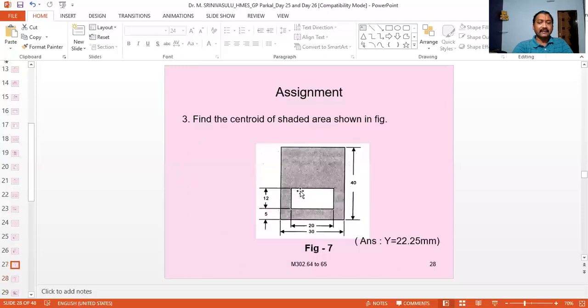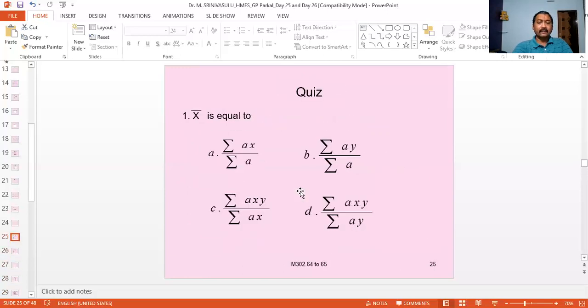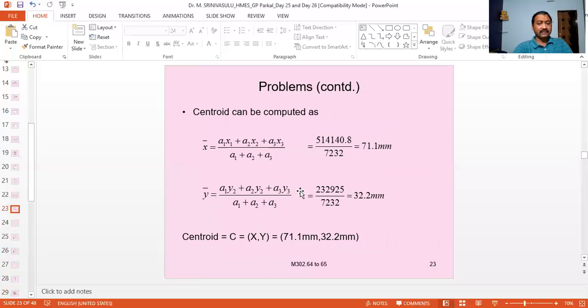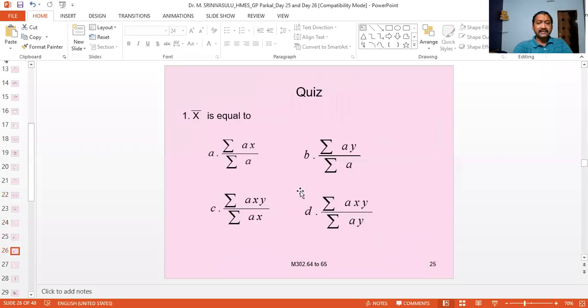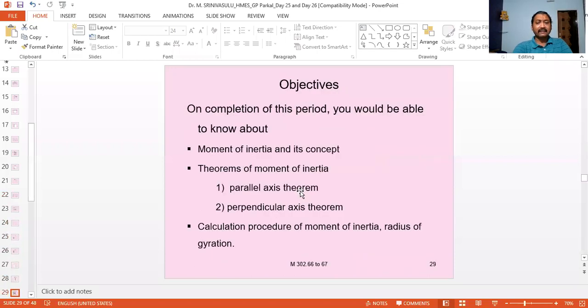So this is about the centroids. Now with this we have completed the centroid portion. Now we are entering into the moment of inertia portion. For that, firstly we have to define some of the definitions.